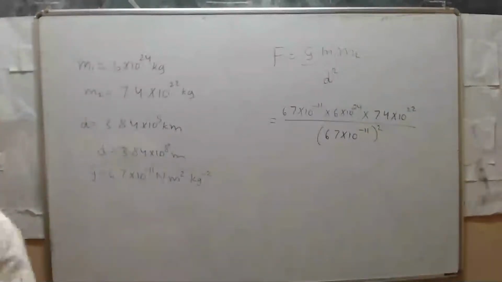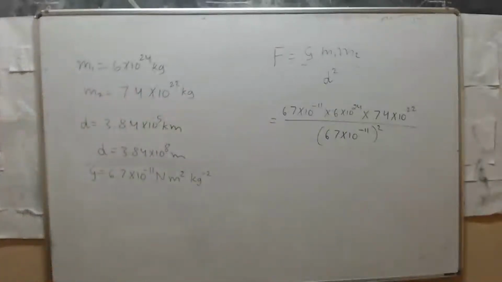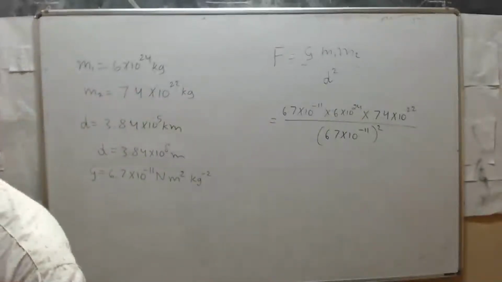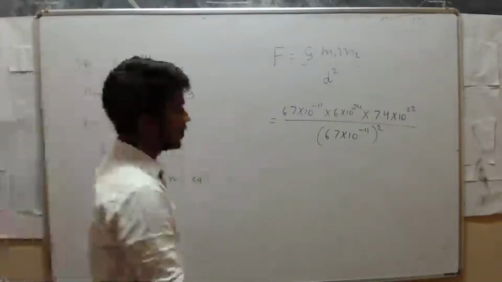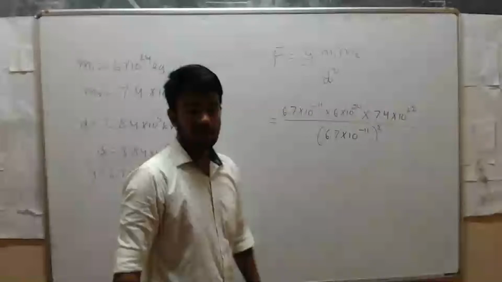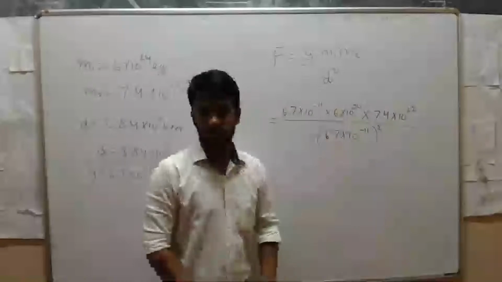Okay. Yes. So now how to solve this one? If you have a calculator, you can solve easily. So here you have to do it without a calculator. Just keep all the powers one side.